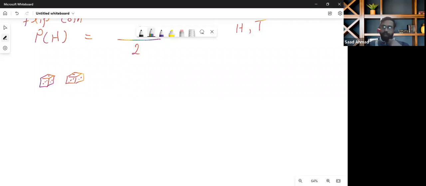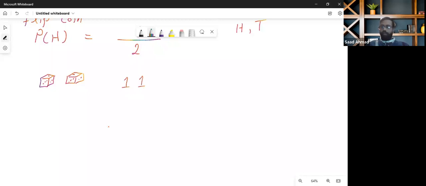What are the possible outcomes if I roll the two dice? The first die can have a 1 on it, and the second one can also have a 1.